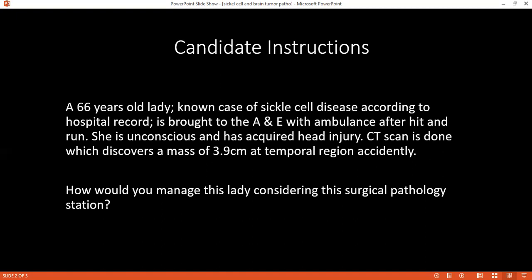What are the most common primary brain tumors which are found in elderly people? The commonest primary brain tumors in elderly people are gliomas, especially the WHO grade 4 glioma, that's the glioblastoma multiforme. They may also present with medulloblastoma, although that's more common in the posterior cranial fossa.